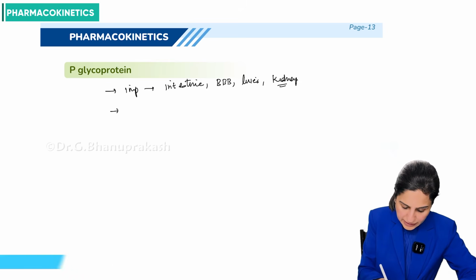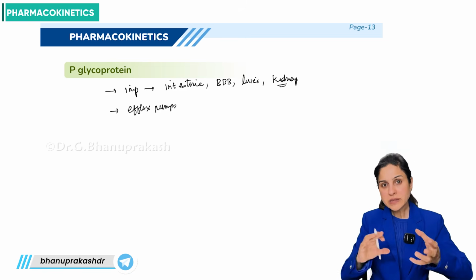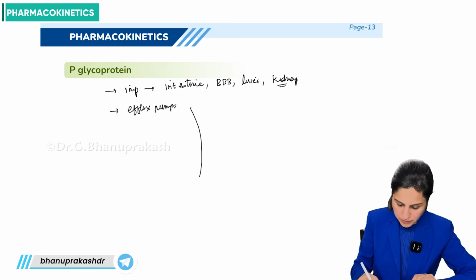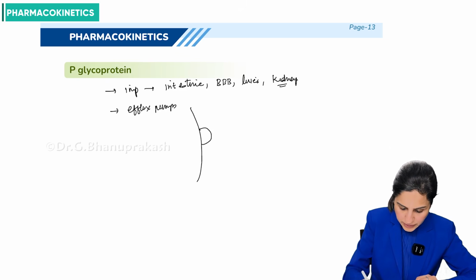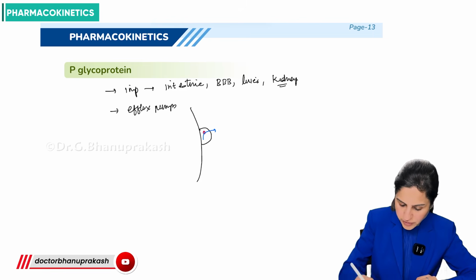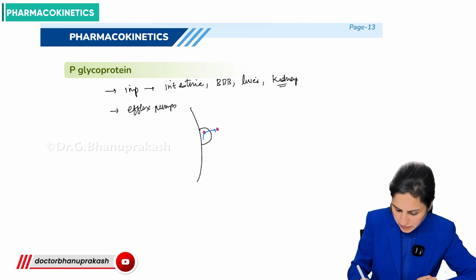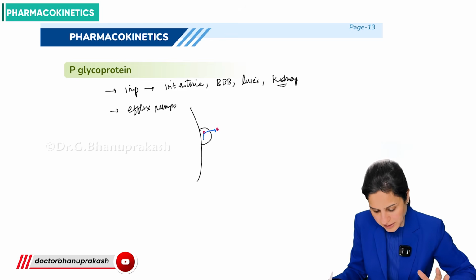As I told you, these are efflux pumps. So they will throw the drug outside. Suppose here they are present and this is the cell here. When the drug enters inside, this P is going to throw the drug outside. So this is the role of the efflux pump.